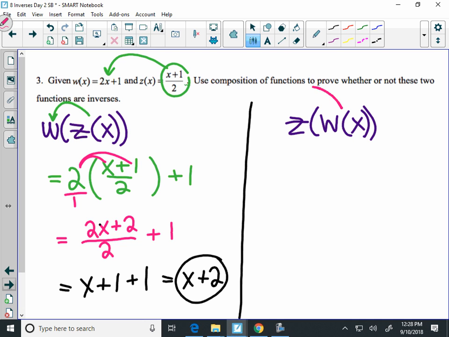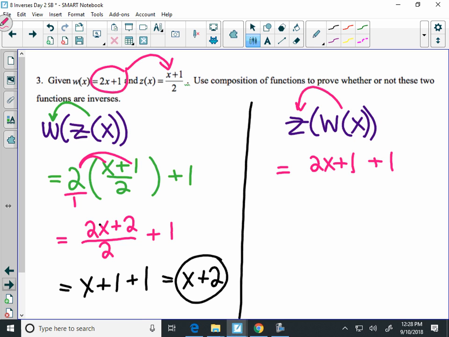This time we're going to take w and put it into z. Okay. So we're going to take 2x plus 1, stick it in here to z. So let's see. Instead of x, we're going to have 2x plus 1, and then plus 1 more 1 on the numerator, all over 2.